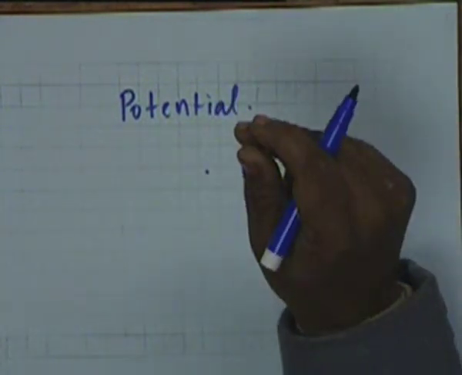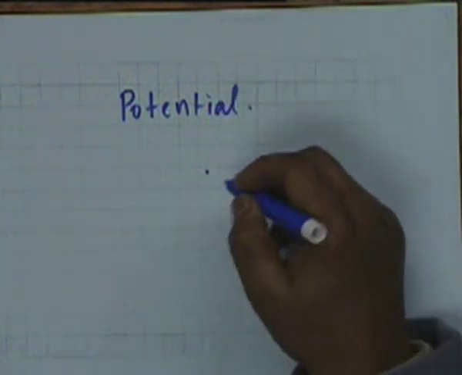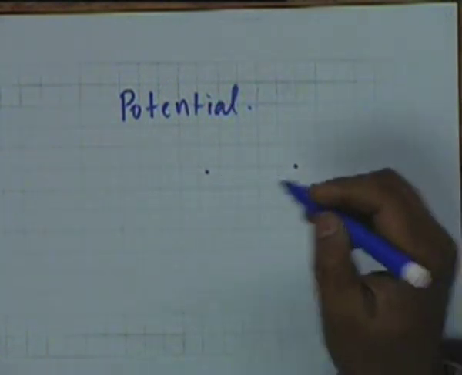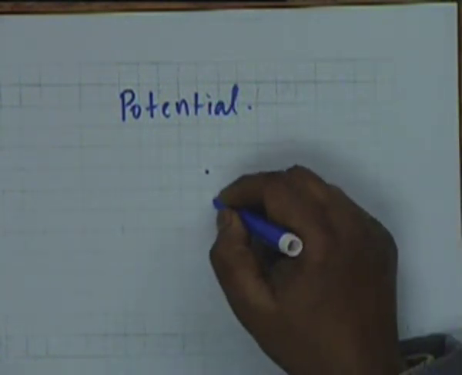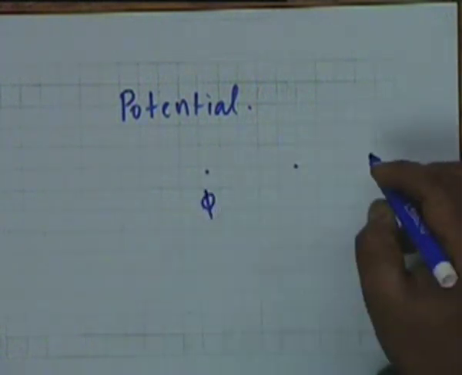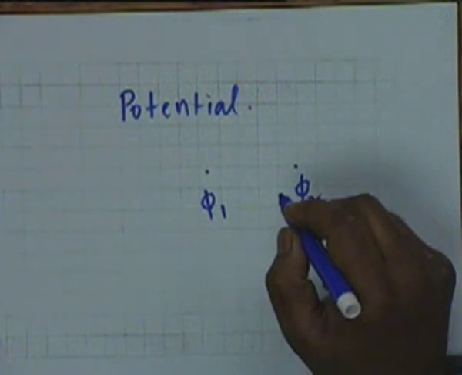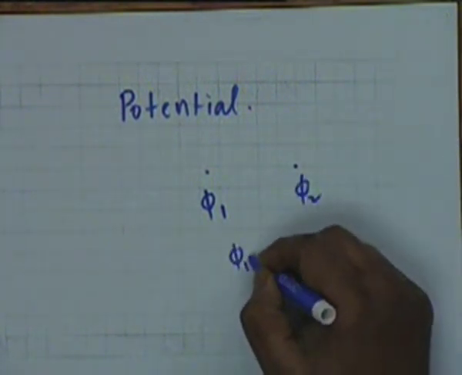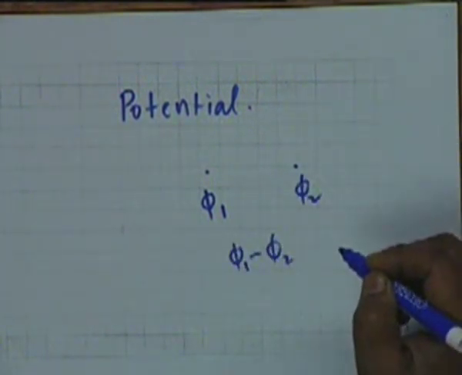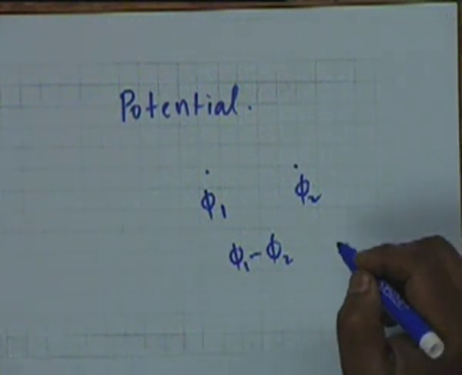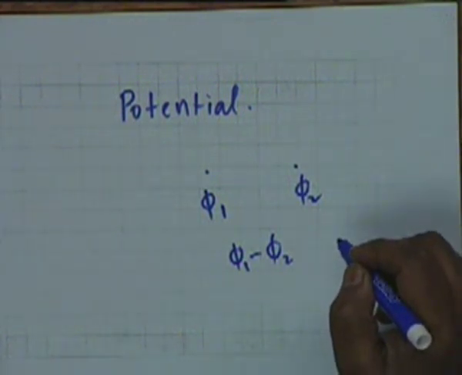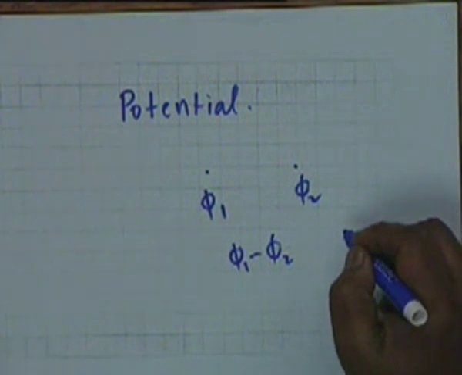And potential difference between 2 points: if phi 1 and phi 2 are the two absolute potentials of the 2 points, then phi 1 minus phi 2 is called the potential difference between these 2 points, or the voltage between these 2 points.